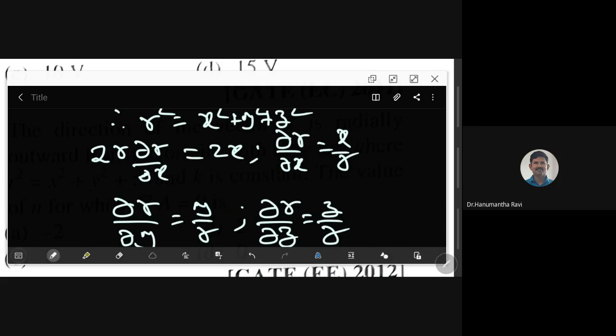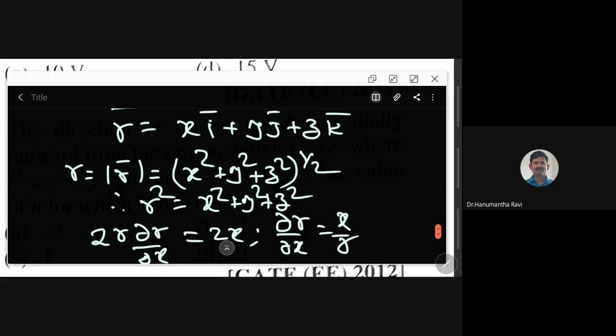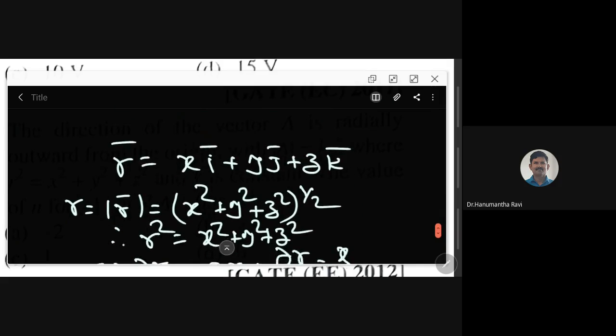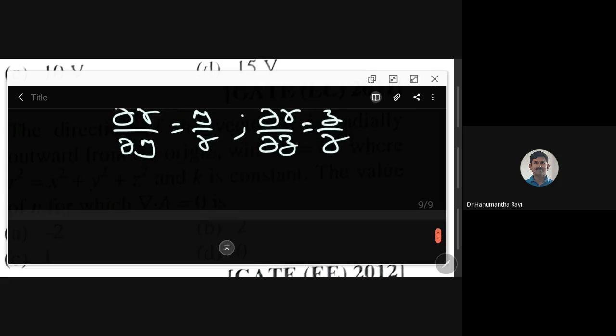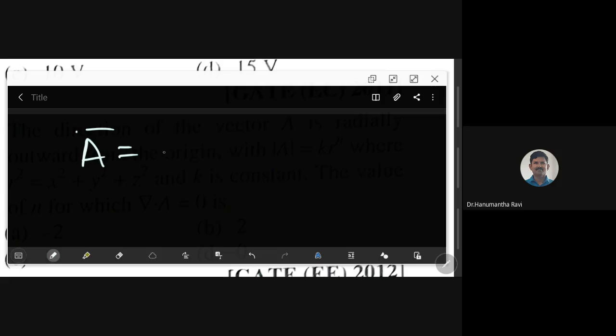Now, right, now we look at a bar. What is actually a bar? A bar is in the direction of r bar. So we can write modulus of a bar into the unit vector along r bar, so r bar by modulus of r bar. That is the thing. Okay.